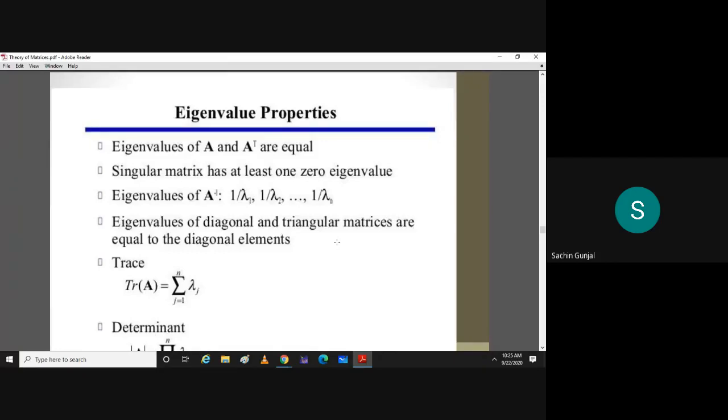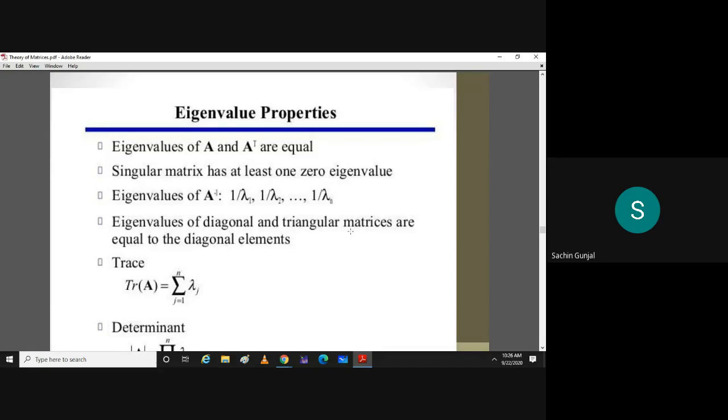This is an upper triangular matrix. So this note says, what are its eigenvalues? 1, 5, 9. Good.